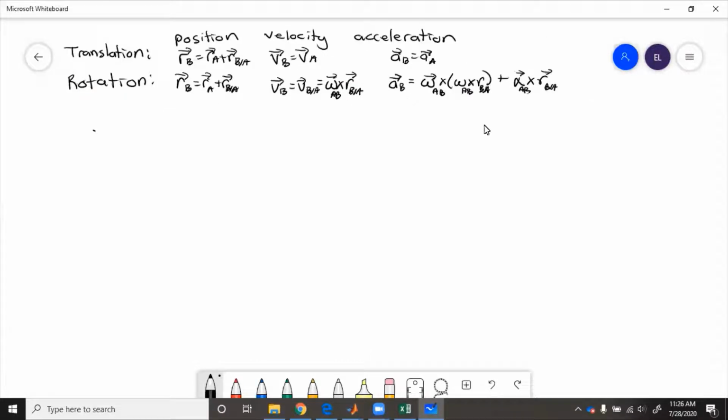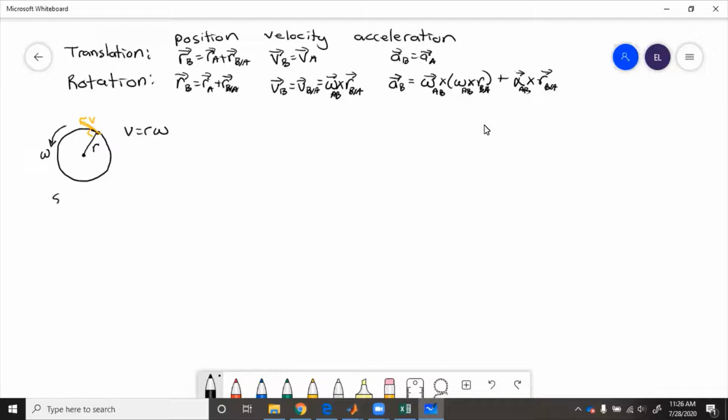Now for fixed axis rotation, we know that in scalar form, if a wheel is rotating with speed omega and it has radius r, then the velocity of a point on the end of the wheel, which is going to be tangent, so 90 degrees perpendicular, the scalar formula is V equals R omega.